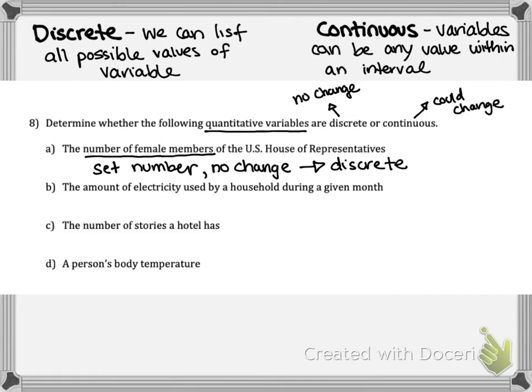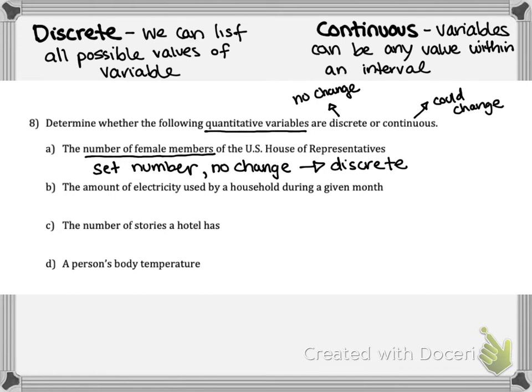Now let's see if we can see any difference between A and B, or if they're the same type. B says the amount of electricity used by a household during a given month. So the question is, is the amount of electricity used the same on every day of that given month, or can it change or fluctuate over that month?